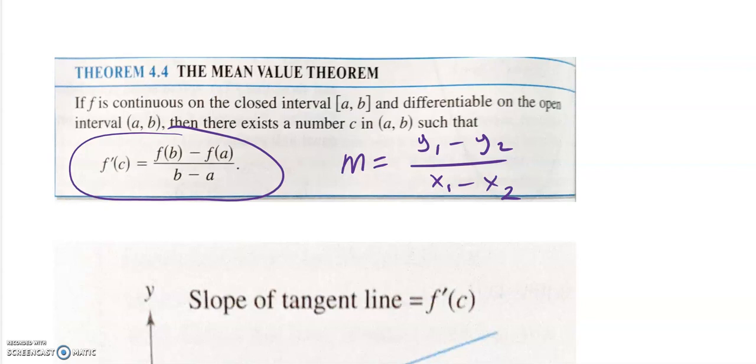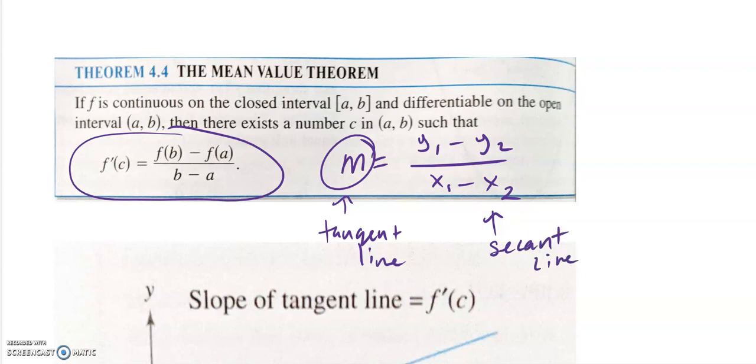It's the same idea. This is the slope of the tangent line using calculus, and this is the slope of the secant line using algebra. That's the only difference, right? You're combining the two in this case. So copy that down, write down whatever you need to write down so that you understand it. Back to the video when you're done.